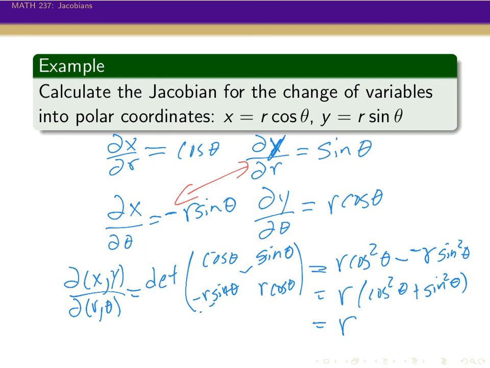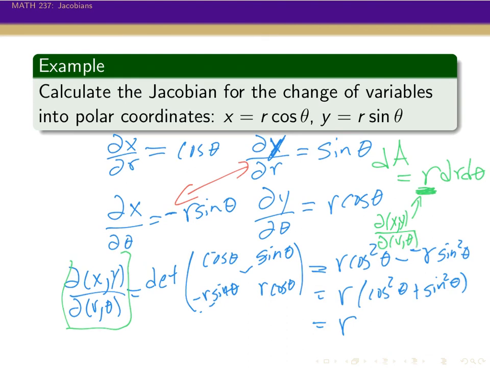And if you think back, what's dA in terms of polar coordinates? Well, dA in polar is equal to r dr d theta. That r right there is the Jacobian. And in fact, the calculation we did to get r was exactly the same calculation as doing the Jacobian. Okay, and so treating this change of variables in the general way in terms of Jacobians, we get exactly the same thing as what we did by hand.